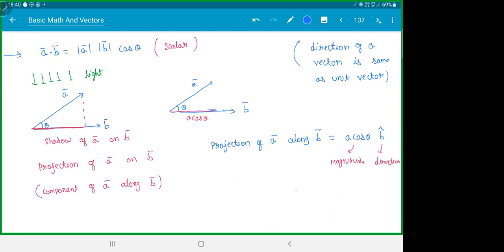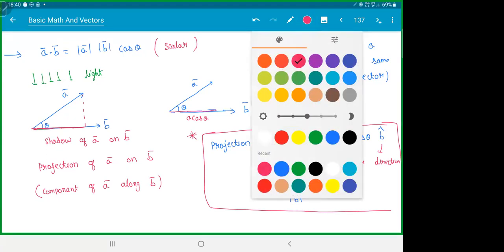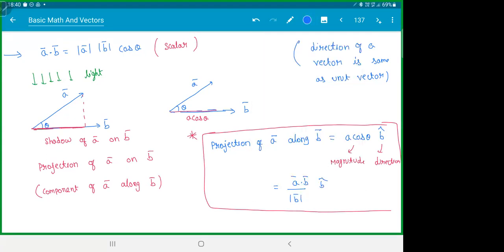So from that formula, if you see here, this becomes a cos theta is a bar dot b bar by mod b, into b cap. This is the projection of a bar along b bar. I think you can note down that. We'll be using it a bit.